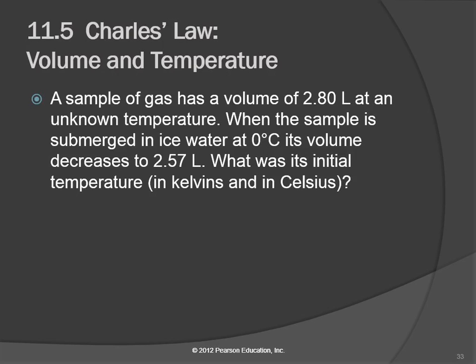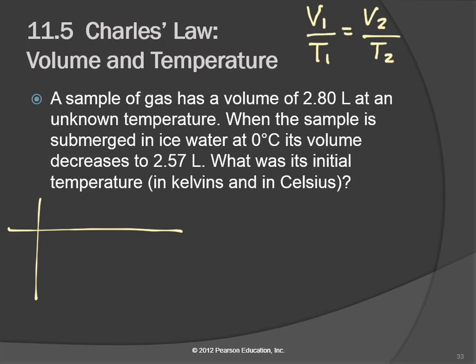We read through the problem, and we see that we're talking about volumes and temperatures. So that's going to be Charles' law. So Charles' law, V1 over T1 equals V2 over T2. So we're going to make a table to organize the information that we have.